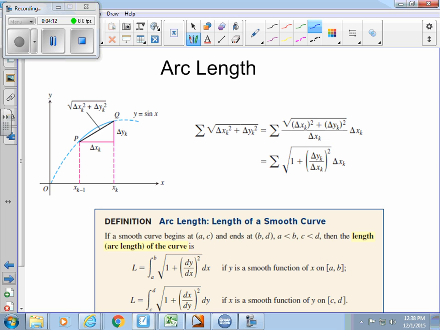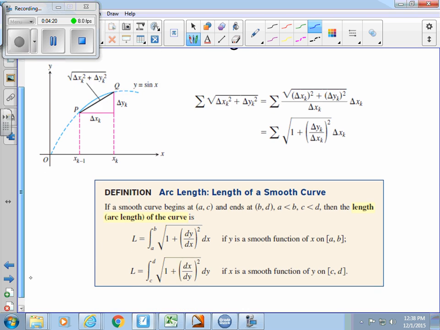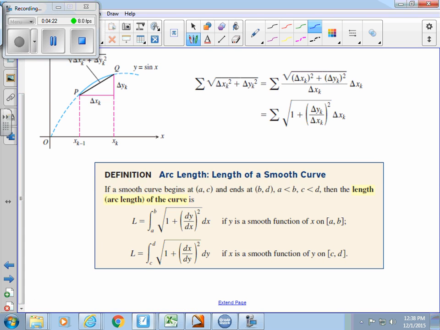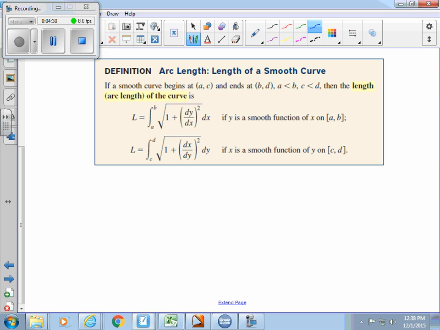You can imagine we could have done the same thing except dividing and multiplying by delta y. So that brings up a formula that gives us the length of a curve. This you need to memorize. In fact, you probably already have memorized it. Why? It was on the gateway.